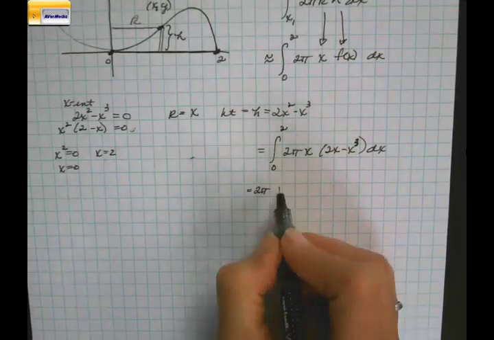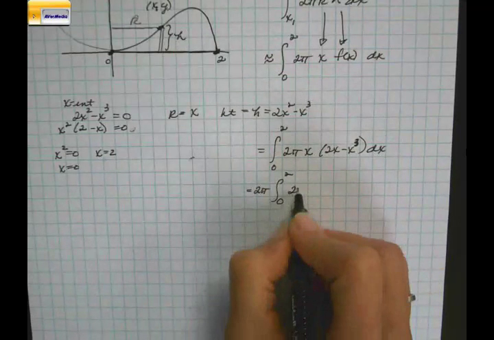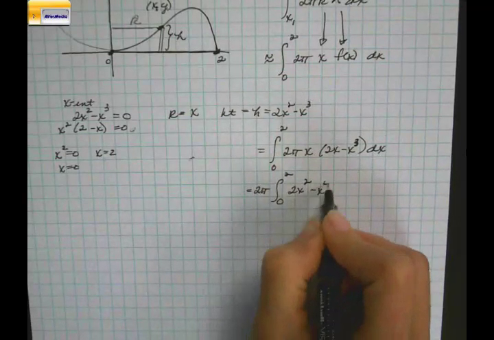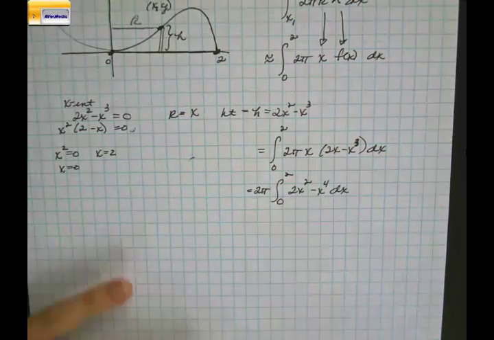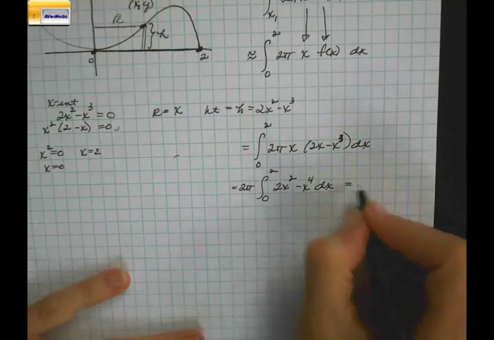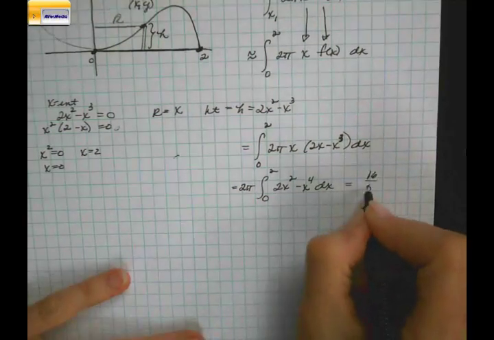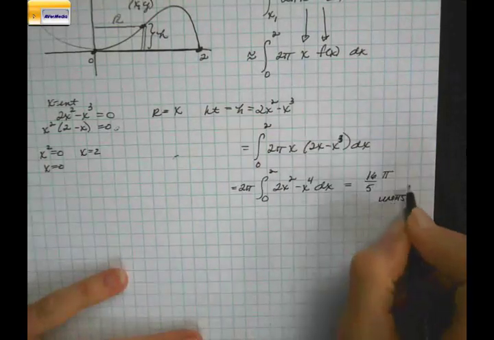When you do this, I'd pull the constant 2 pi out front. Then I would distribute that x, giving you 2x squared minus x to the 4th, dx. That will not be too difficult to integrate. It'll integrate pretty easily. And I'm showing that the answer after you integrate is 16 over 5 pi cubic units.